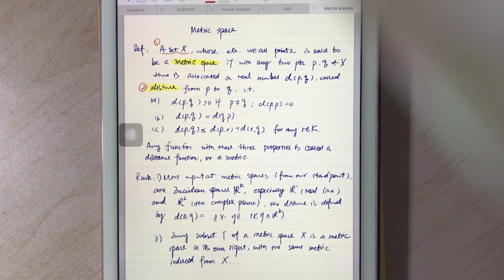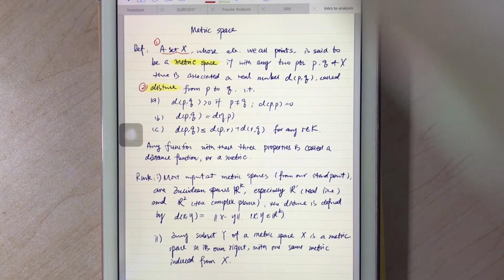The second principle is that the distance between two points P, Q is equal to the distance between Q, P. So if you interchange two points, the distance between them will not change.